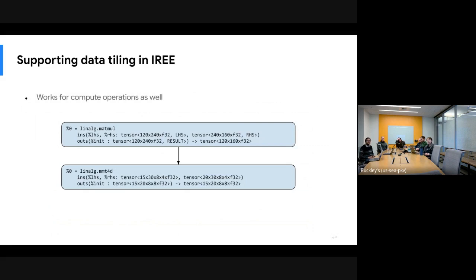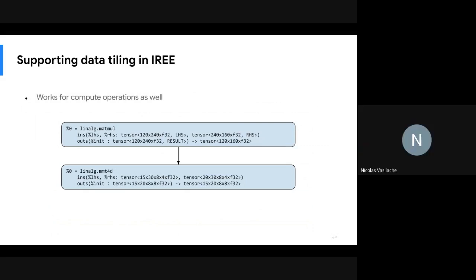Yes. Sorry, I was going to mention that there are limitations. It's not like everything just magically works out of the box. Some of the limitations include basically it has to be some sort of permutation. Otherwise, you need modulo and div operations.